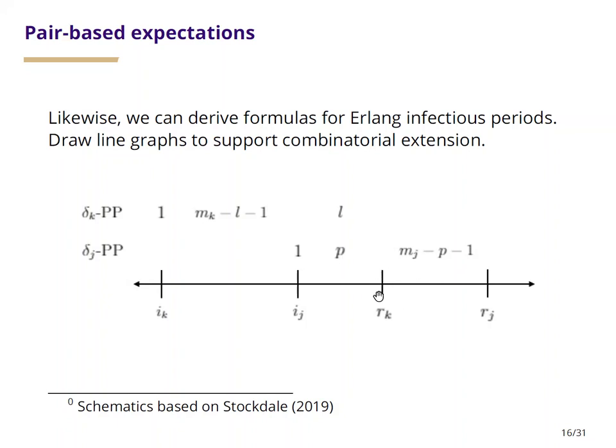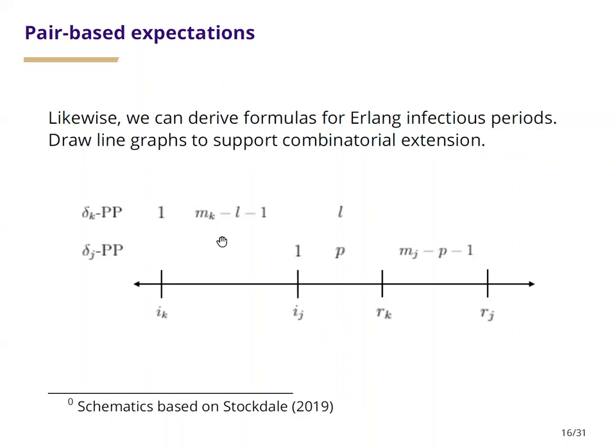Then when we hit Rk, we have this superimposed process, and we're going to have a bunch of exponential races, L plus P exponential races, where the jth Poisson process wins P times. Then we know there's another Poisson process race where the jth process wins at time infection time ij.